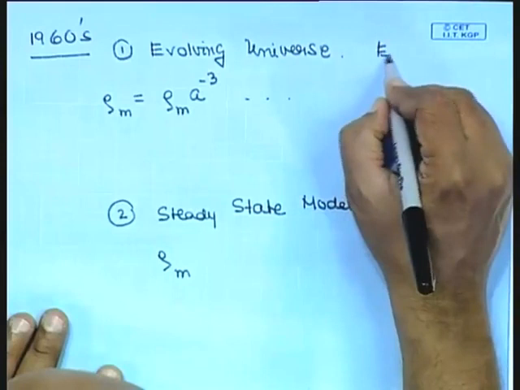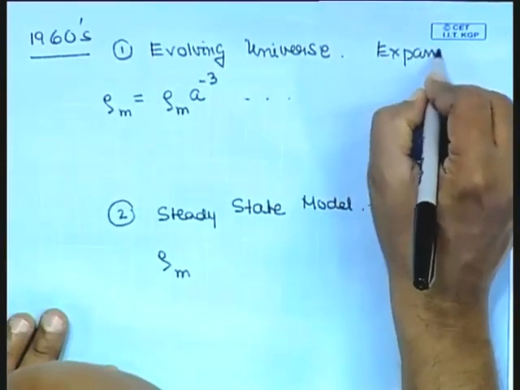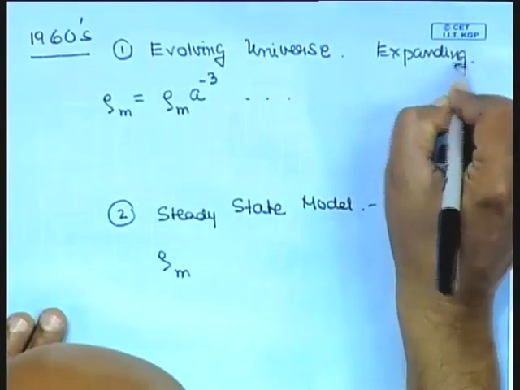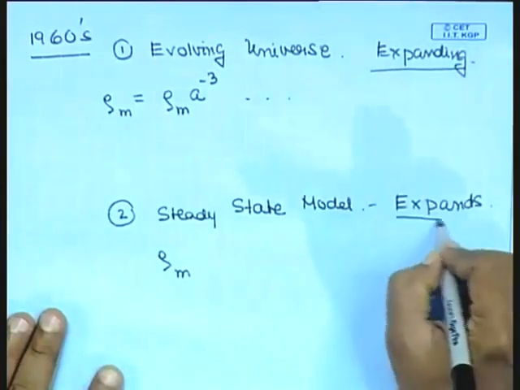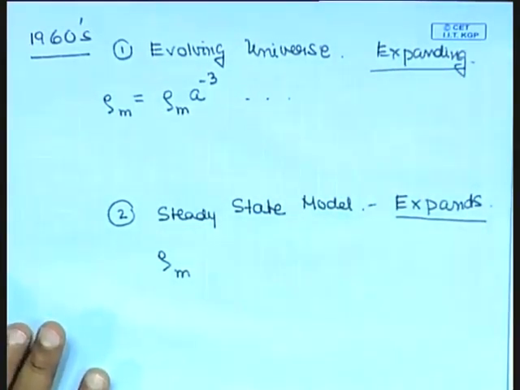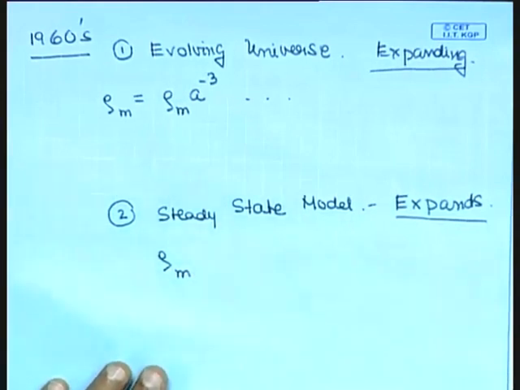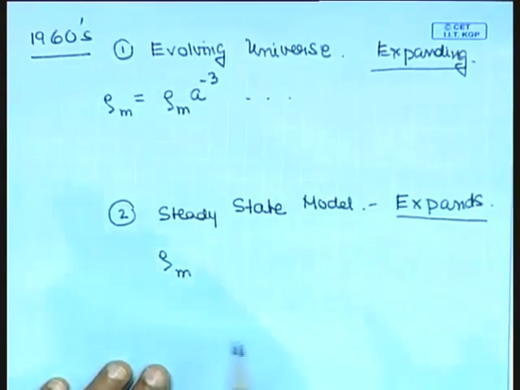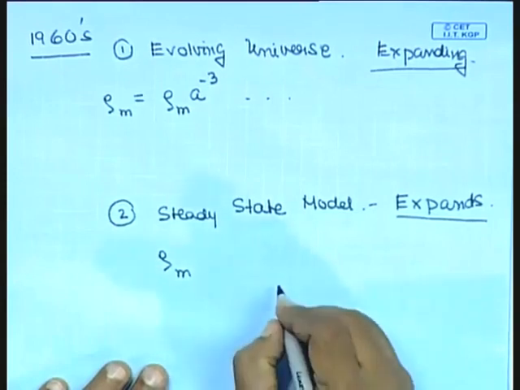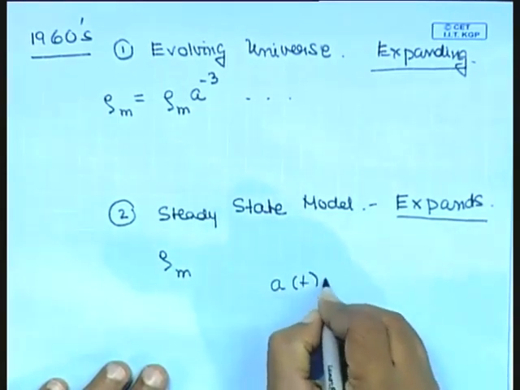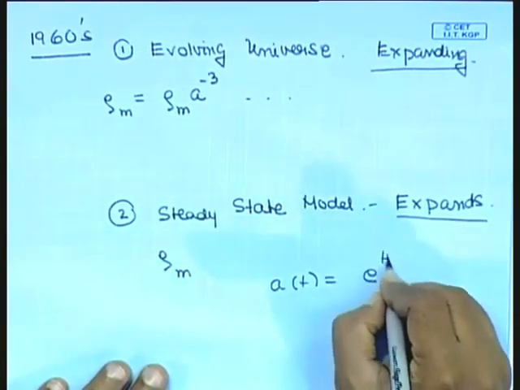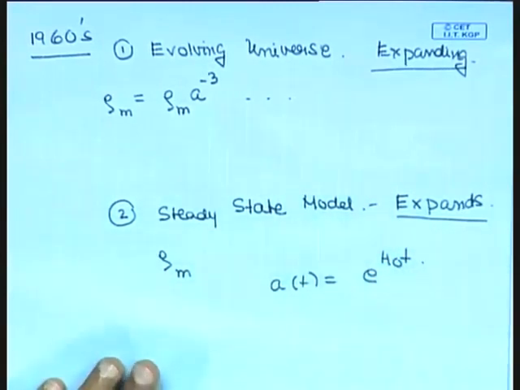Both of these models have an expanding universe. But in the steady state model you have to have matter being created so that the density remains constant. So nothing evolves in this model. On the average, the universe always looks the same as it does now, and the scale factor will have an exponential expansion. There is no singularity.